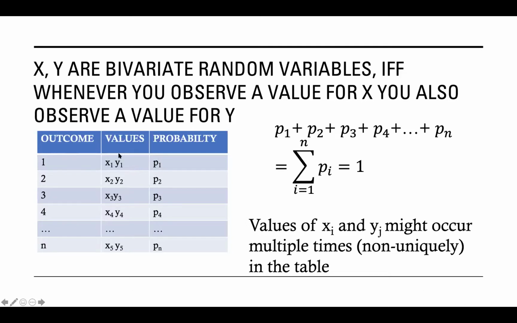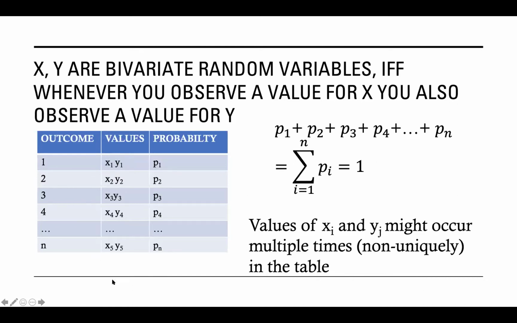And we can think of sometimes you might observe an x1 with a y1 or an x2 with a y2 and so forth. Those should be n's there rather than 5s, another typo. But you can think of now all the outcomes here are all the possible combinations of x and y that you could observe. The value I've written here, x1 and y1, doesn't imply anything about them being similar in any way.